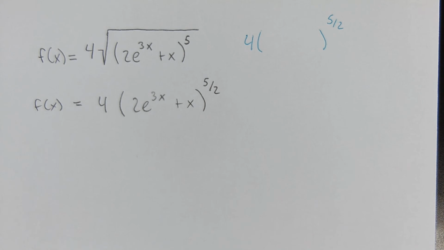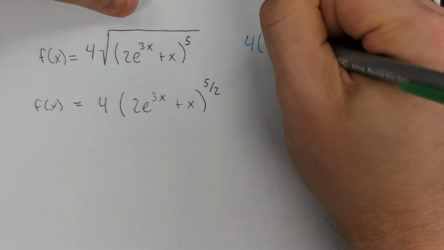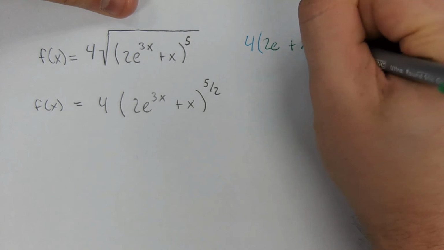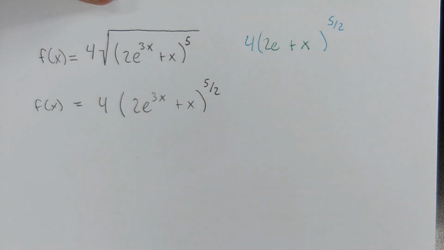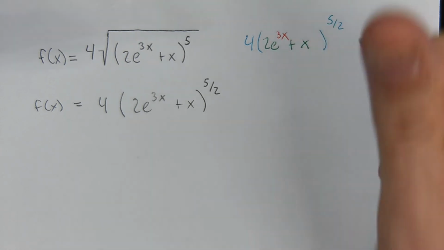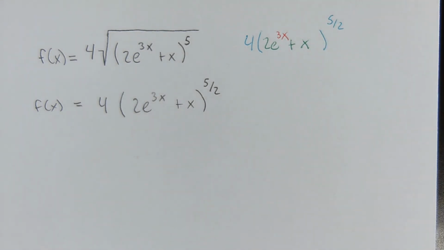I see an interior function that is an exponential plus polynomial, but the exponential has an exponent that is a function. So I'm going to have to handle it like that, because the derivative of that exponent is not 1. So that will require a chain rule.